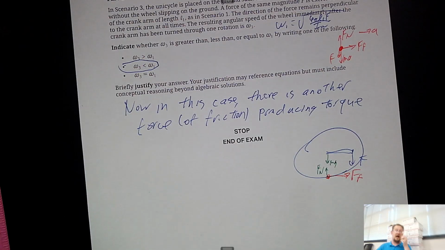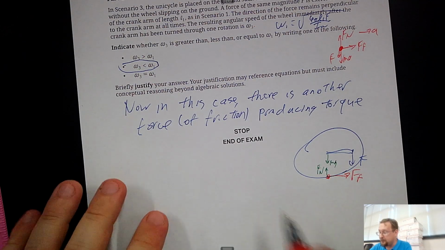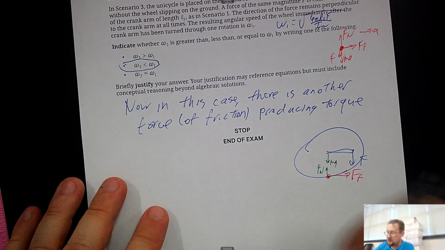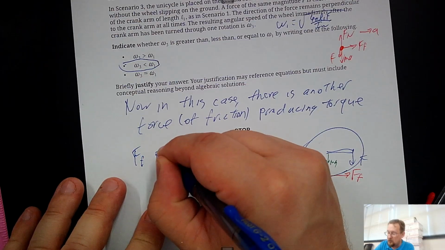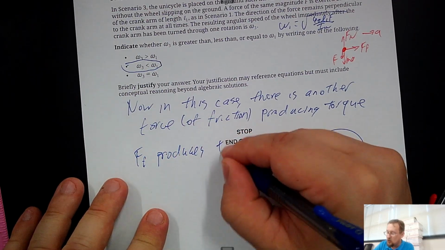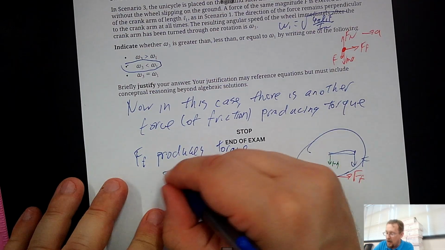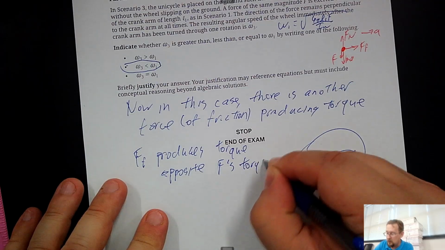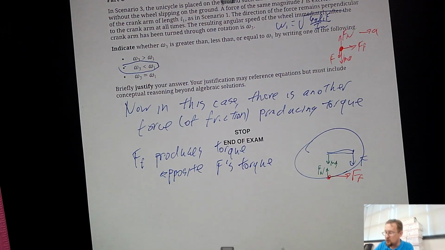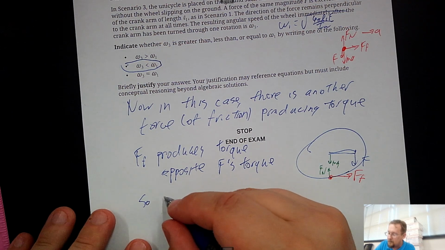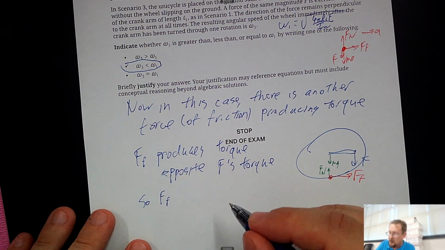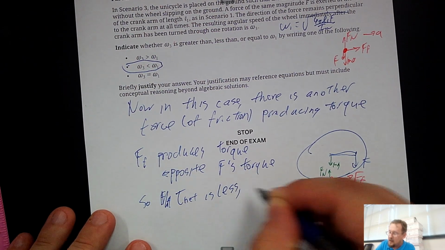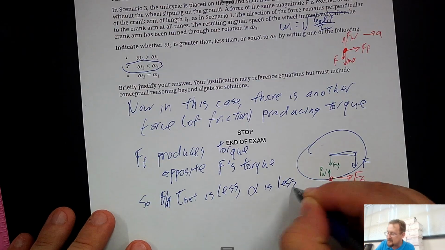But here's the bottom line. The bottom line is that there's another force of friction producing torque. The force of friction produces torque opposite F's torque. So the net torque is less, the alpha is less, right?